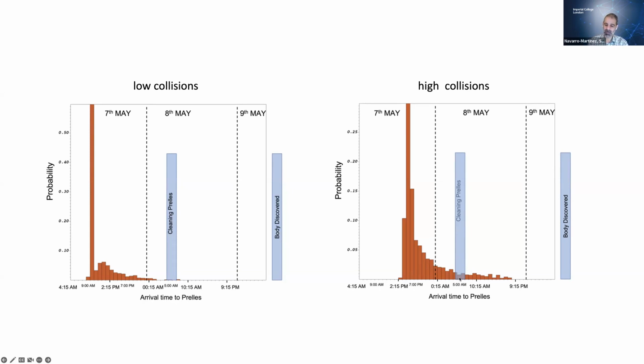Remember, the blue bar indicates when they cleaned the dam, but there's still a lot of probability of the bodies arriving after they clean the dam. So in this scenario, it's possible that the body arrived after they cleaned the dam.